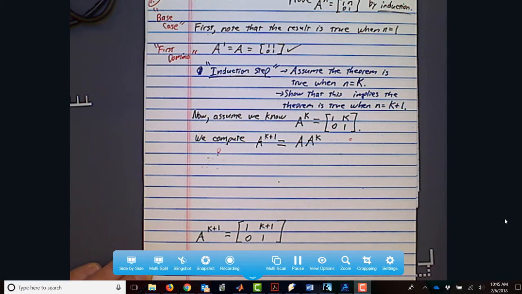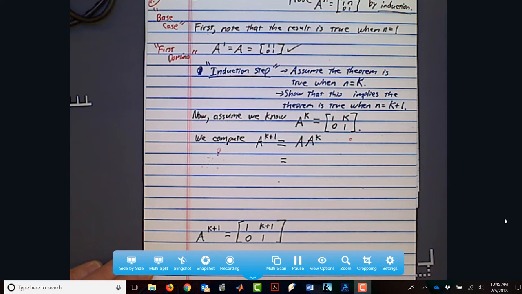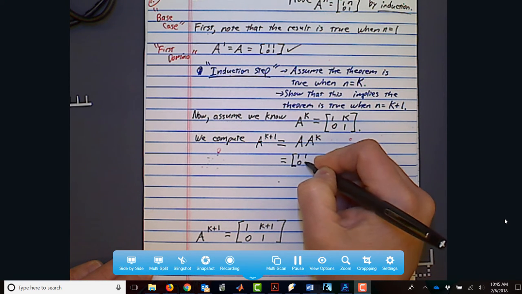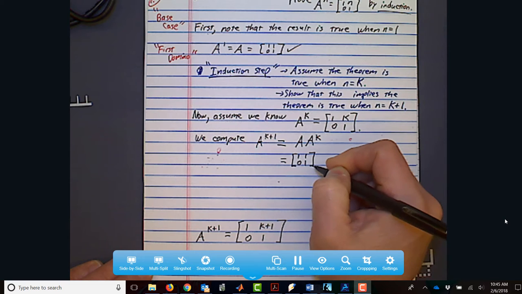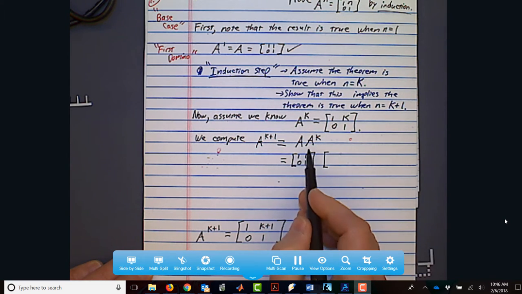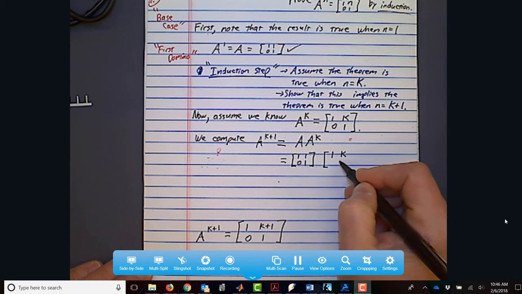It means you're going to multiply A to the k by A one more time. That equals, well, let's work it out, [[1,1],[0,1]] times, and we're assuming that A to the k equals what? [[1,k],[0,1]].